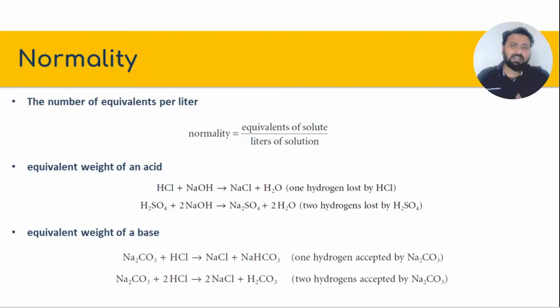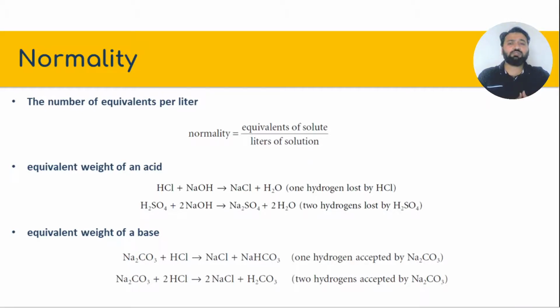Now if we are calculating the normality for HCl in the reaction of HCl plus NaOH, because one hydrogen has been lost, we will just take one equivalent. That means we will just take the molecular mass of HCl.